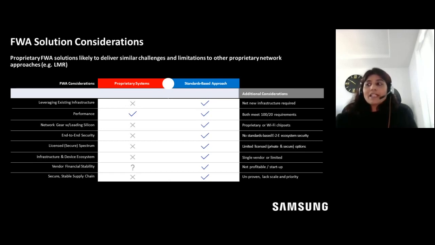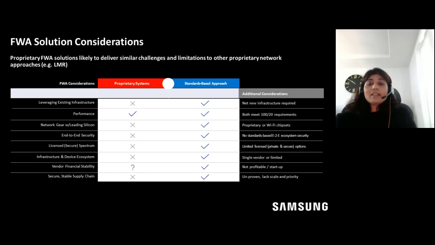Also, standard-based solutions offer diverse licensed-spectrum-based solutions, for example, millimeter wave, while proprietary solutions can be very limited to CBRS or a couple of other frequencies only. In fact, the financial stability of some of these vendors providing proprietary solutions is a question in the marketplace, and end-to-end security could also be a challenge with these solutions.